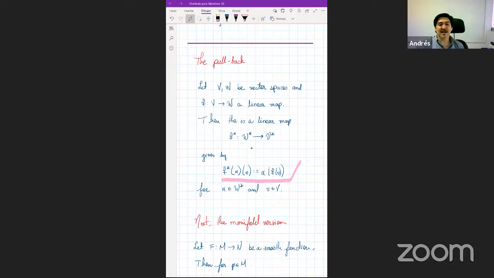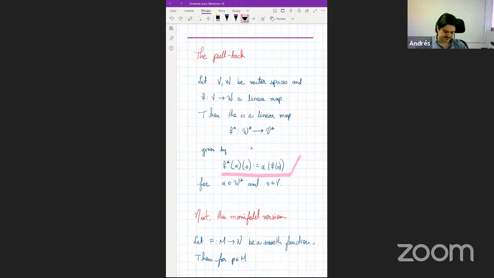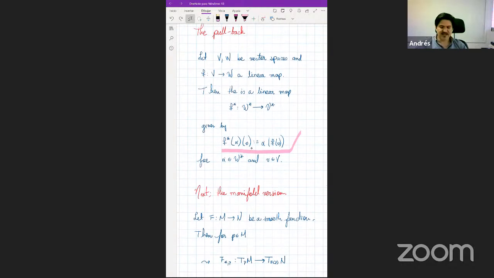So consider a smooth map between manifolds. Remember that for this, we have defined the differential, right? So we have this. This is a linear map.